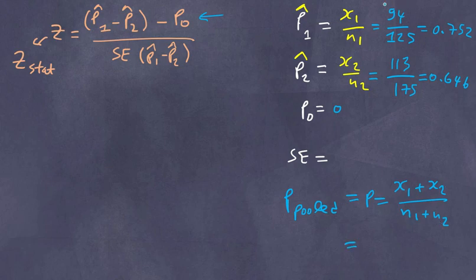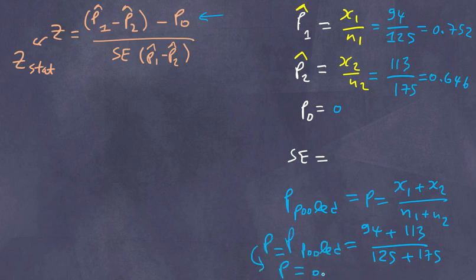And this is 94 plus 113 divided by 125 plus 175, and this is 0.69.